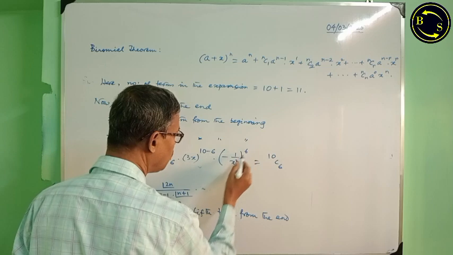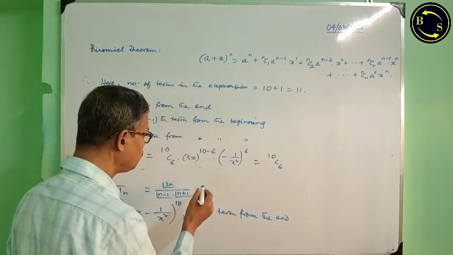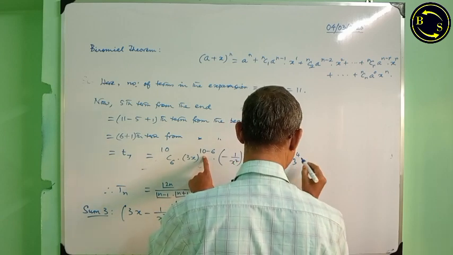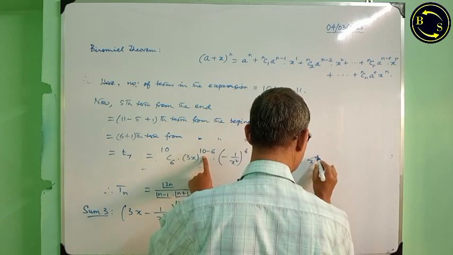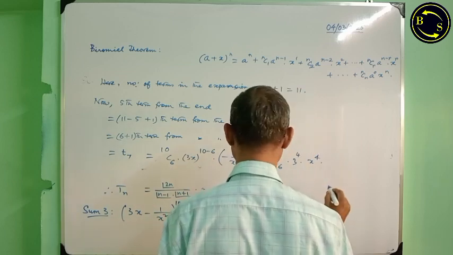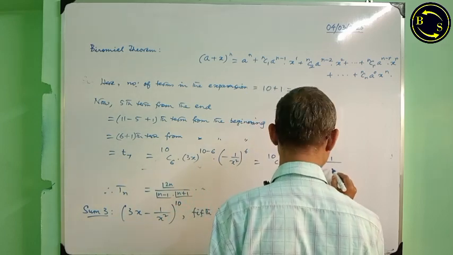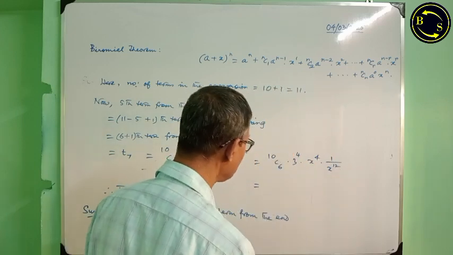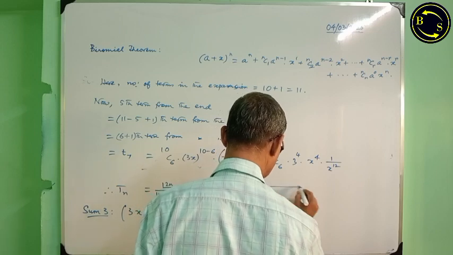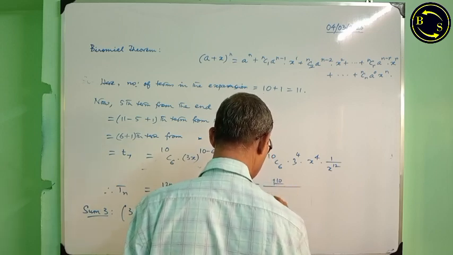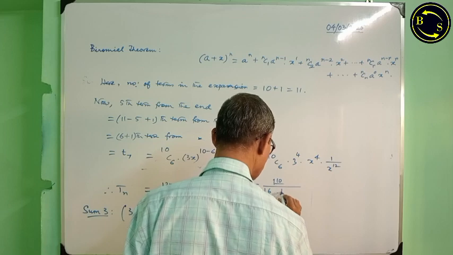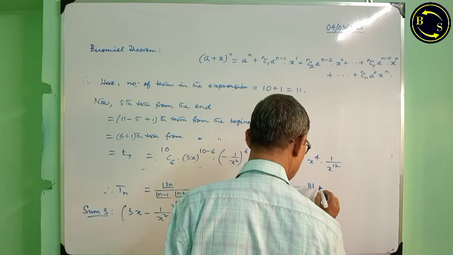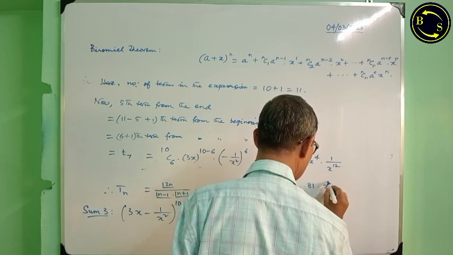Since even power, therefore value will be positive. 3 to the power 4 into x to the power 4 into 1 by x to the power 12. Therefore, this is equal to, we can calculate also, factorial 10, factorial 6, factorial 4, 3 to the power 4 means 81 into x to the power minus 8.